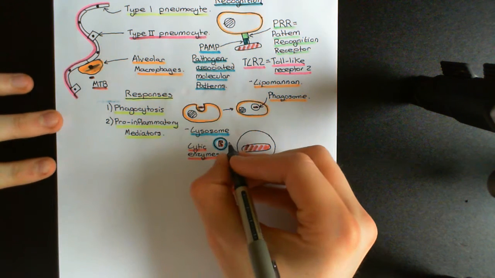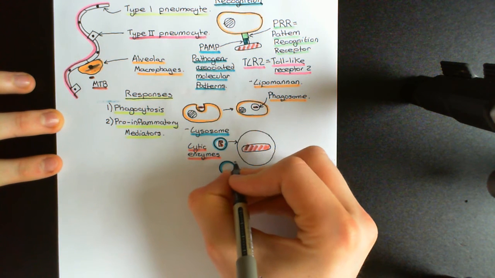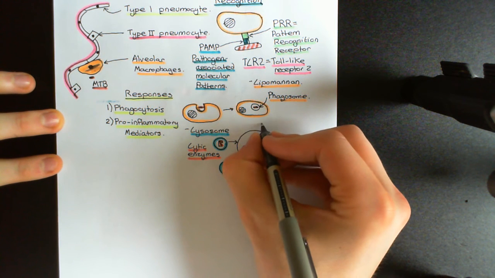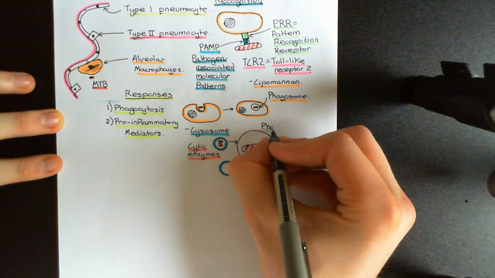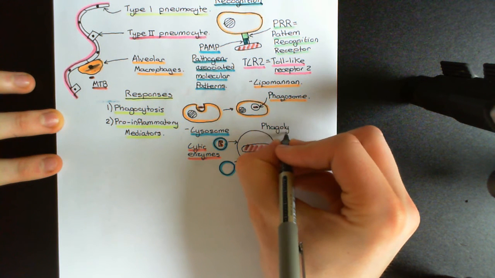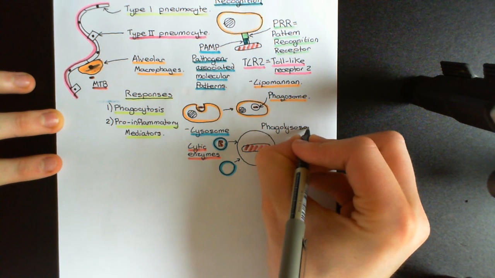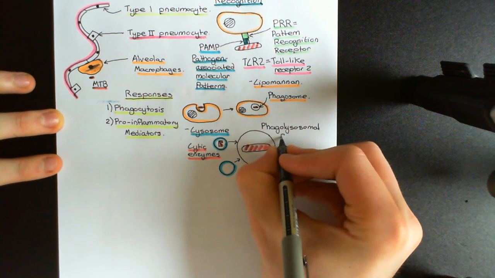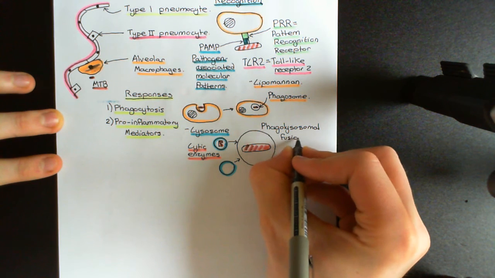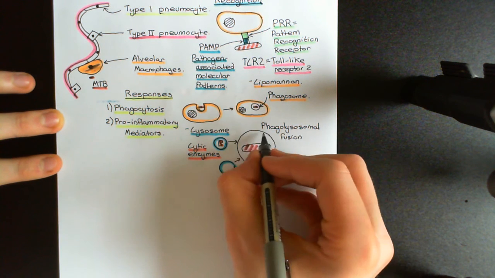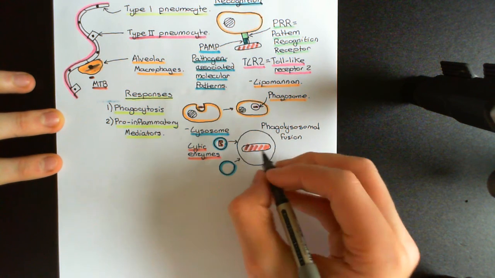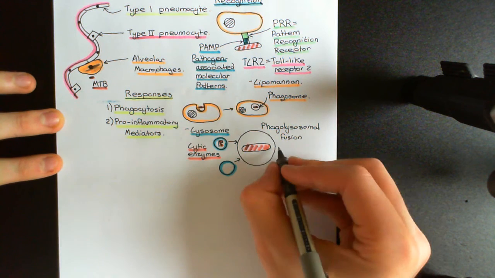Okay, so what's going to happen then is we're going to fuse these lysosomes with the phagosome, and that's known as phagolysosomal fusion. Phagolysosomal fusion will occur, and then the structure that we're left with afterwards, which will now be a bigger membrane-bound structure, is called the phagolysosome.